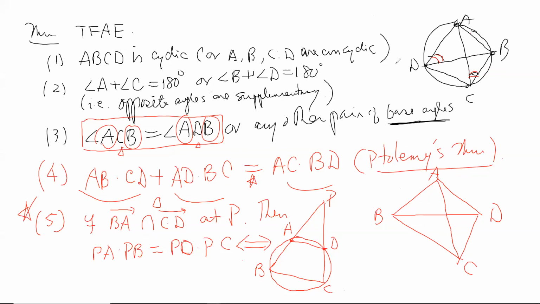So we understand the properties, right? There are 5 properties. In the notes, we only have these 4 equivalences, and the last one also comes from the power of a point theorem. We learned that, so we can use it. Okay, so here it is. I want to prove 1 implies 2.